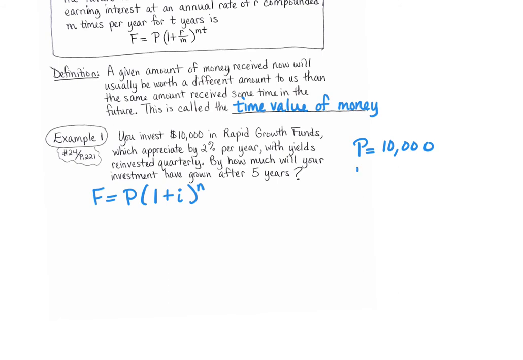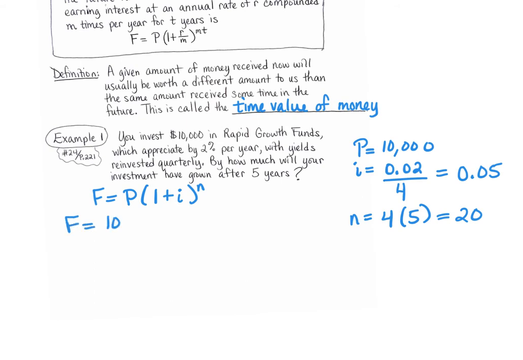So I is going to be 0.02, coming from your 2%, divided by 4 because we are reinvesting quarterly, which gives us 0.005. N is equal to 4 times 5, because we're investing quarterly for 5 years, so that's equal to 20.